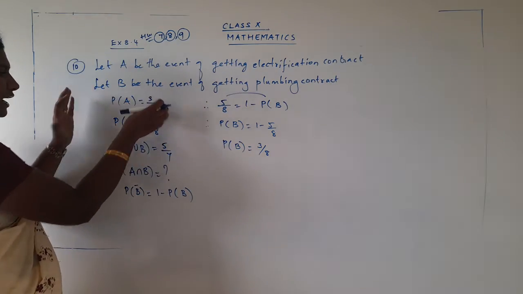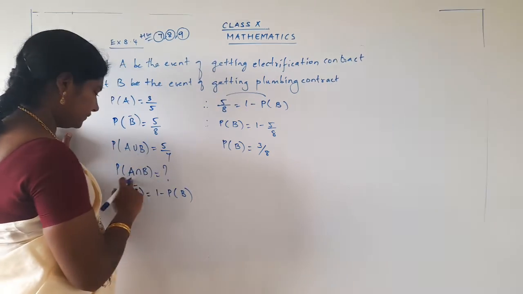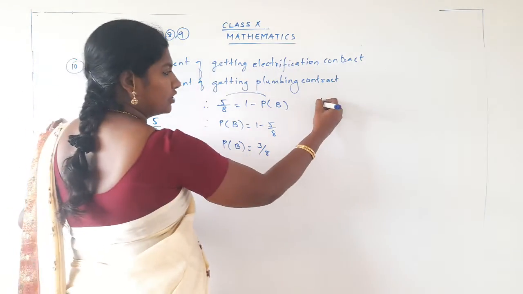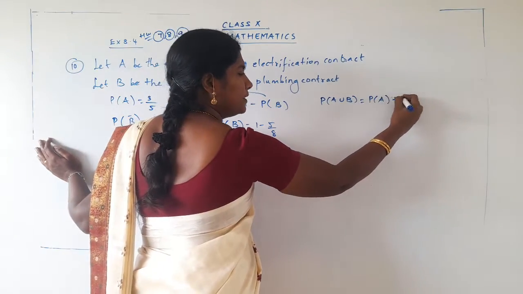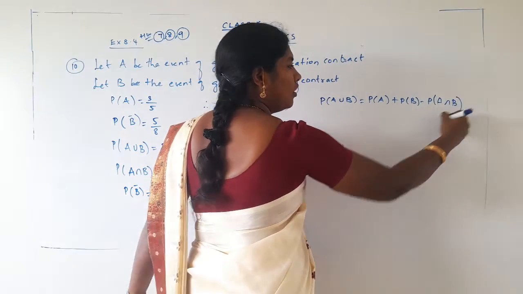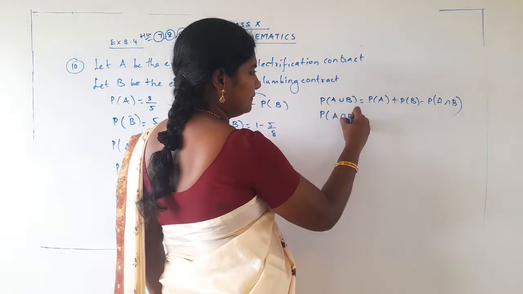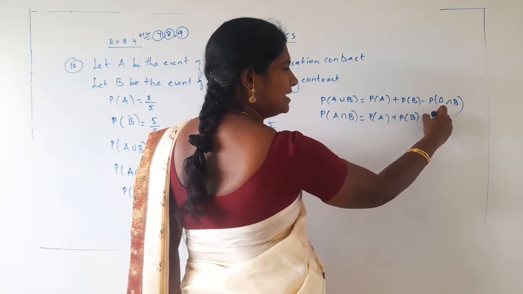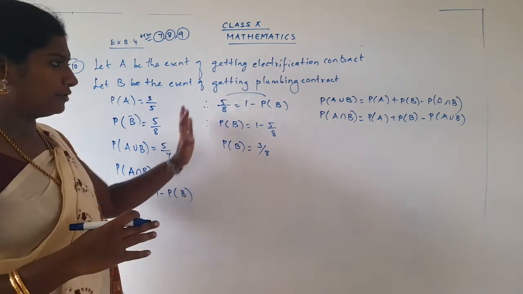So I know P of A, I know P of B, and I know P of A union B also. I just write down the formula. P of A union B is P of A plus P of B minus P of A intersection B. Or you can just interchange these two. You can have P of A intersection B is equal to P of A plus P of B minus P of A union B. According to the given part and find part, you can use the formula.